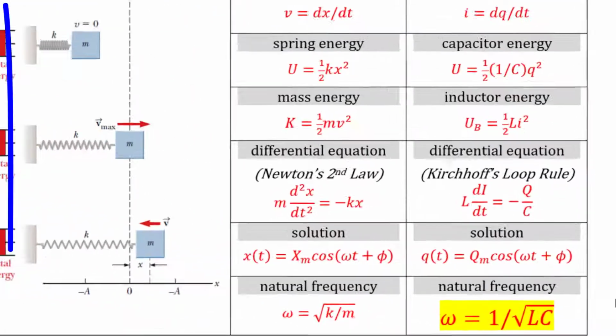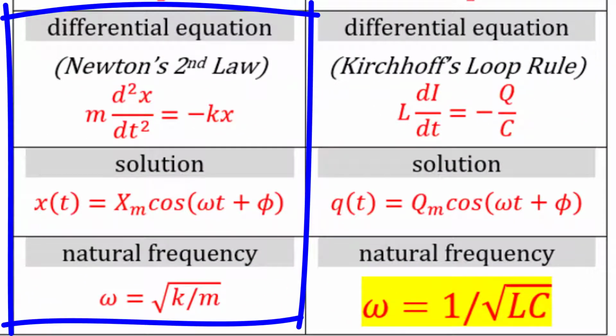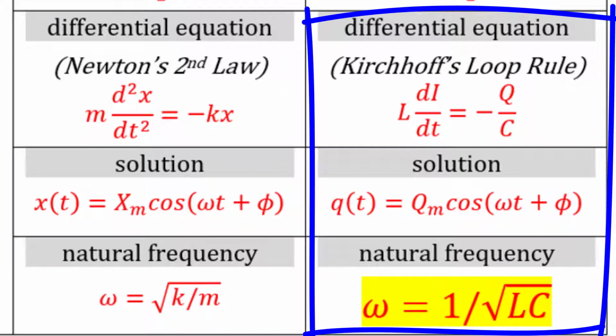For the spring mass system, we use Newton's second law and calculus to arrive at a solution for the position function. We also got this expression for natural frequency. Omega is the square root of k over m, where k is the spring stiffness constant and m is the mass of the oscillator. In the oscillating circuit world, our defining equation is Kirchhoff's loop rule.